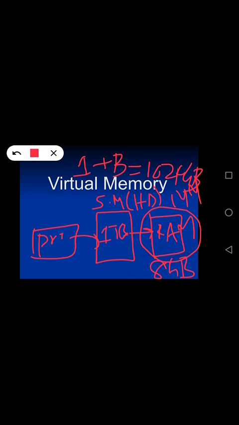If the developer develops a program of 10 GB size, it is not possible to store the 10 GB program in 8 GB RAM.